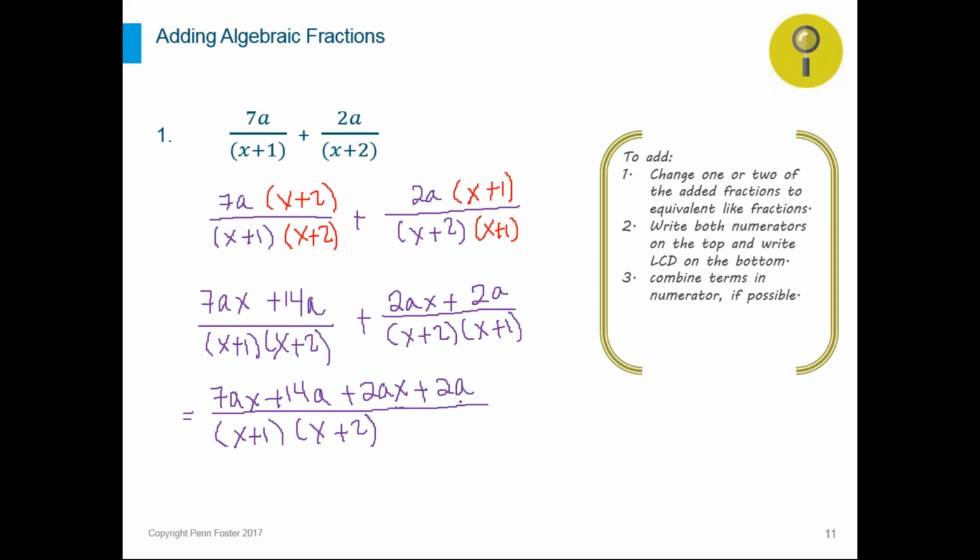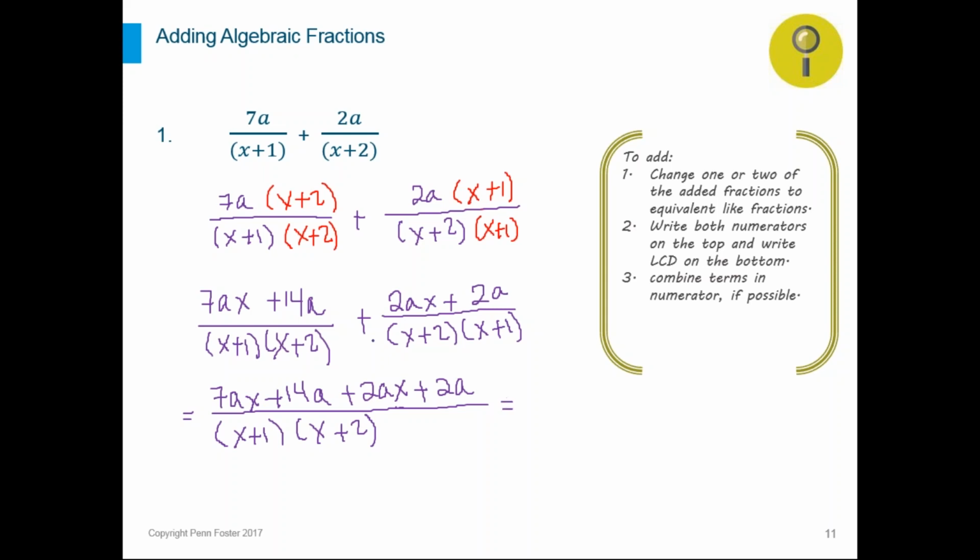I'm not done yet because I see that we have like terms. Remember, in Unit 1 of this course, we spoke about like monomials. 2ax and 7ax are like monomials. They have different numerical parts, yes, but the variable part is identical. And that means we are able to add or subtract.